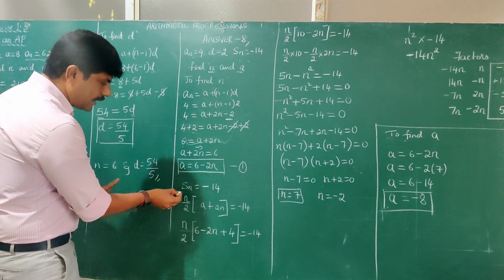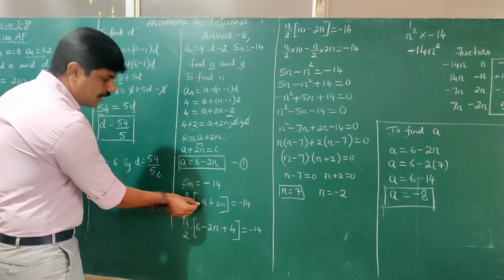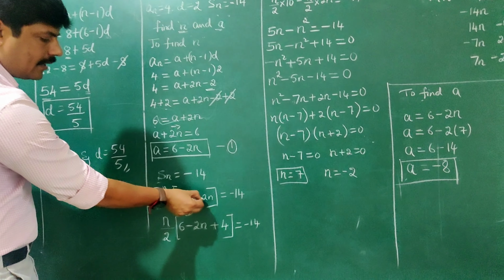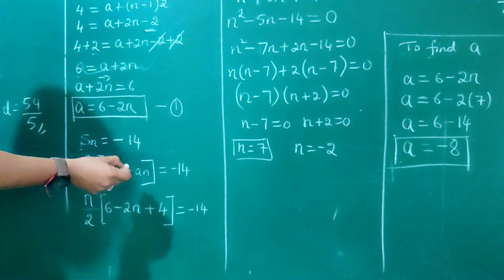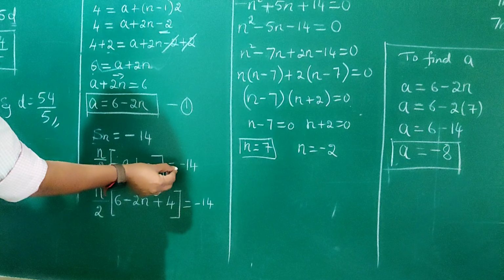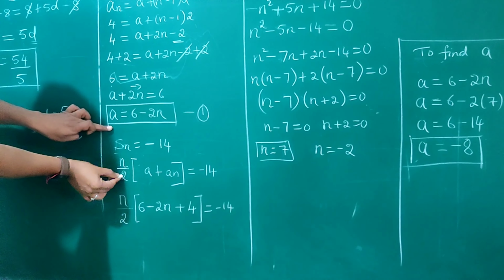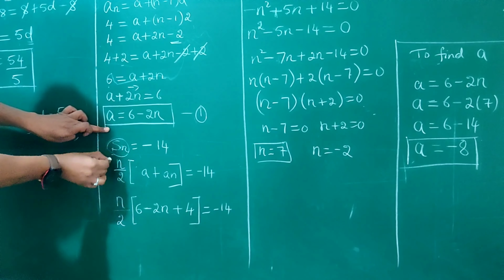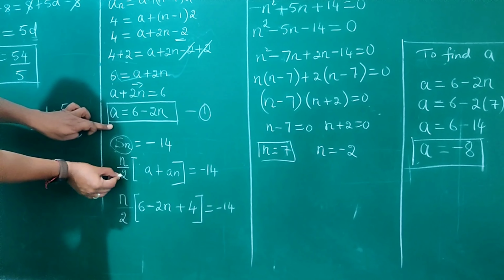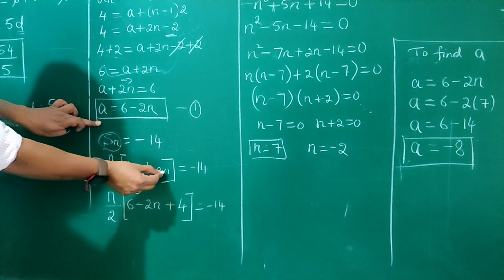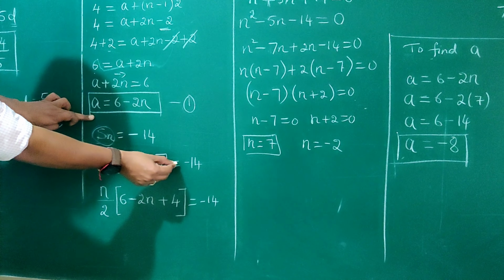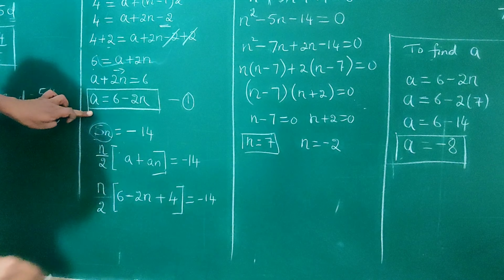I am applying here Sn is equal to n by 2 into a plus an, the last term formula, is equal to minus 14.